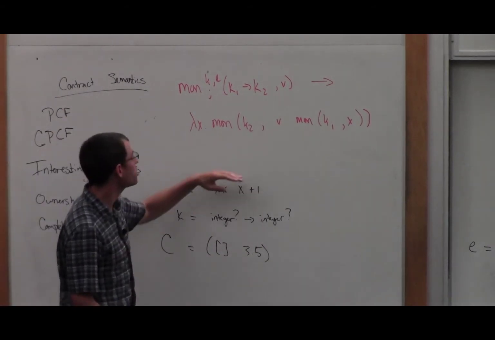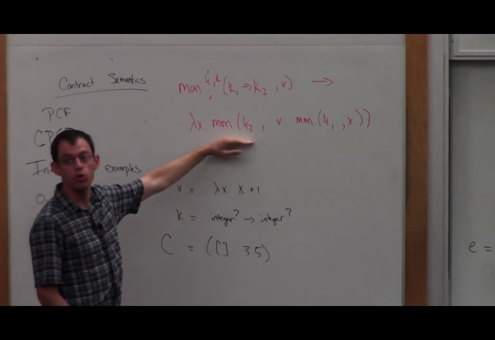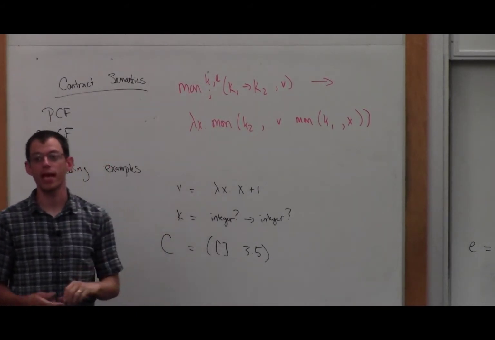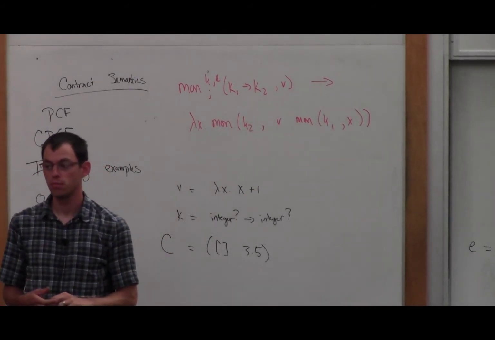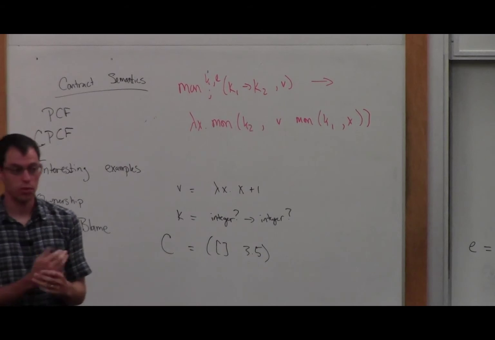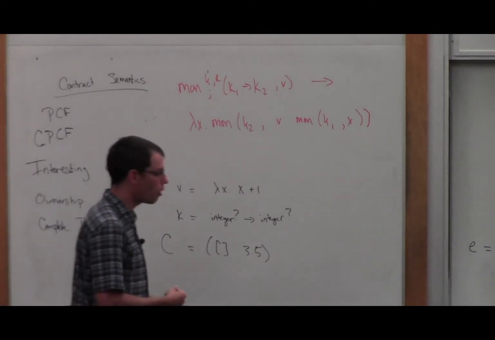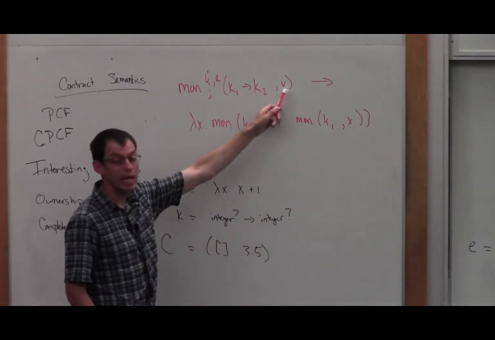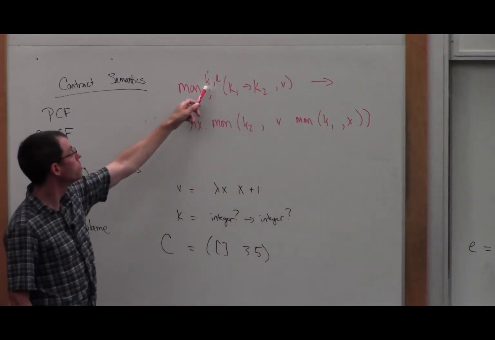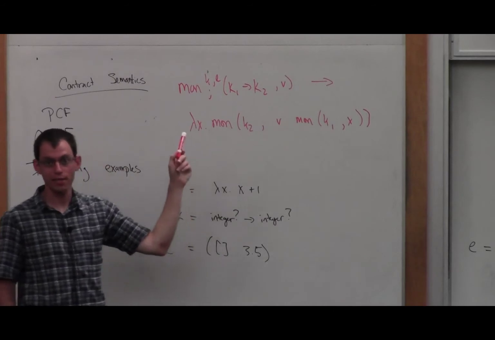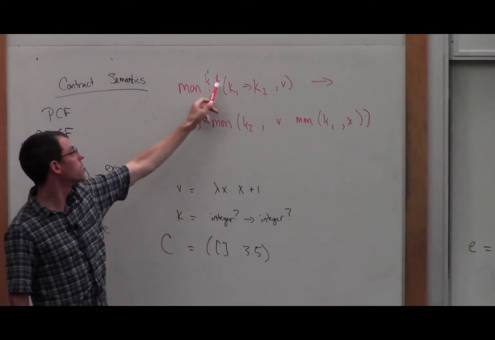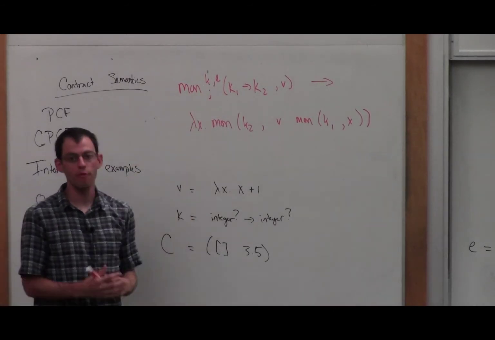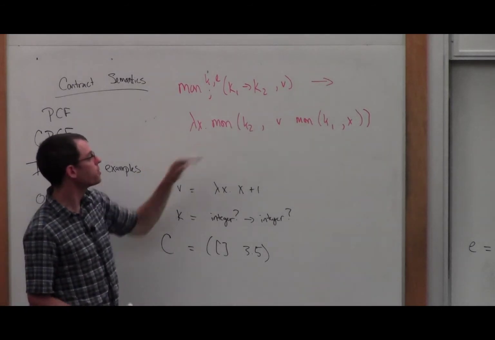What about K2? Whose responsibility is it to live up to K2? The value. It's v. So, just like it's the responsibility of v to live up to this whole contract, it's the responsibility of the result of v to live up to K2.